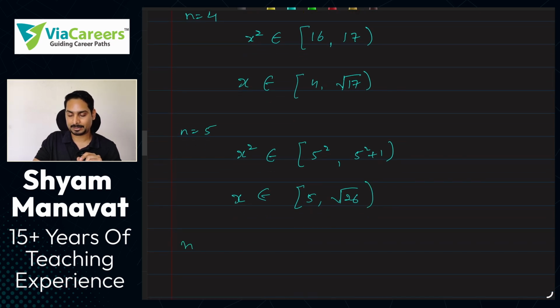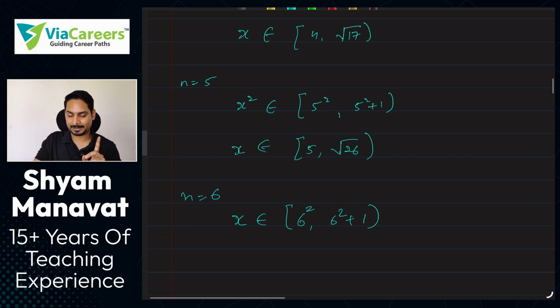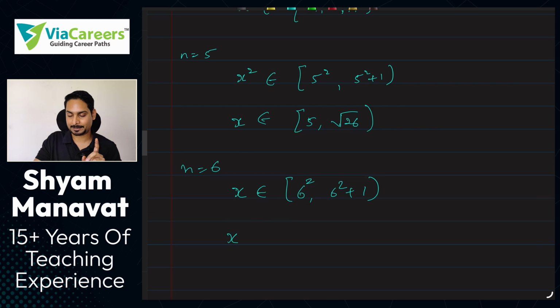Now similarly, if you take n equal to 6, understand carefully, x belongs to any value from 6 square to 6 square plus 1. Understand carefully, here students will make a mistake. Now here x square, you know, the square root of 6 square is 6, and 36 plus 1 is 37.